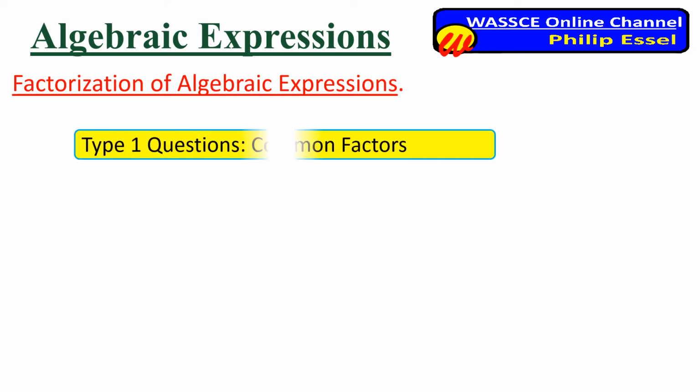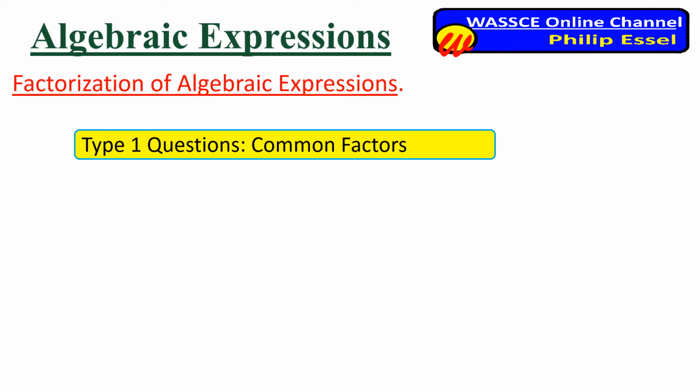We have type 1 questions, the ones we've just solved, where an algebraic expression is presented to us, and all we need to do is to figure out what the common factors are. Then we put them outside of a bracket, then we put the uncommon items within the bracket.